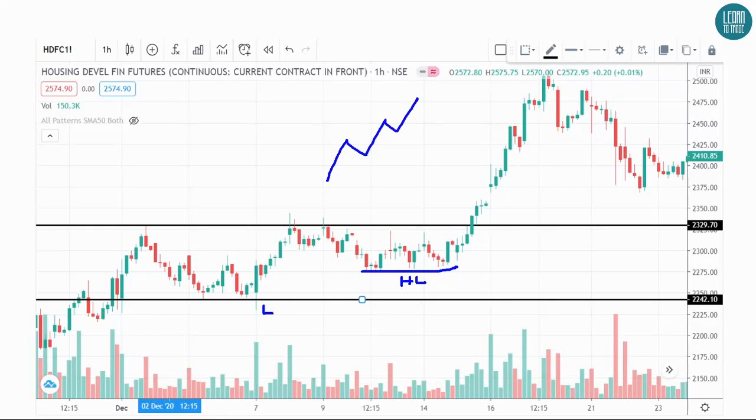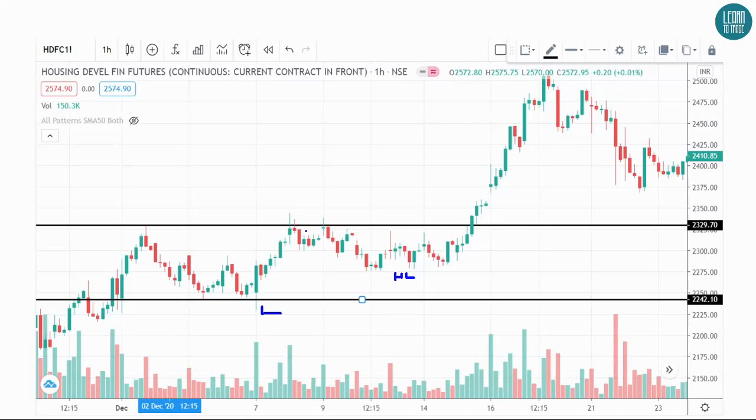Generally in an uptrending move, higher lows and higher highs, whenever a continuous series of higher lows and higher highs develops, this tells us the broader stock is in a strong uptrending move. Same way here we are getting a low and this is the higher low formation.